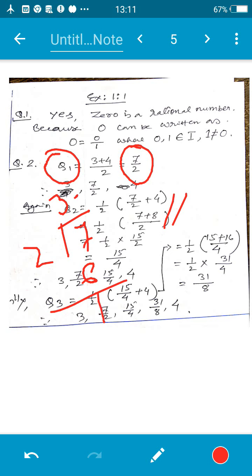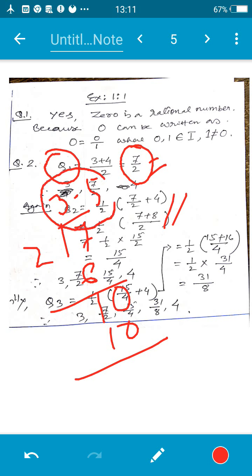Let us put a decimal, then we got 0 here, then 5 times of this 2 is 10. Therefore this 7 by 2 we have got in the form of p by q as a rational number, but this is a terminating decimal expansion also.